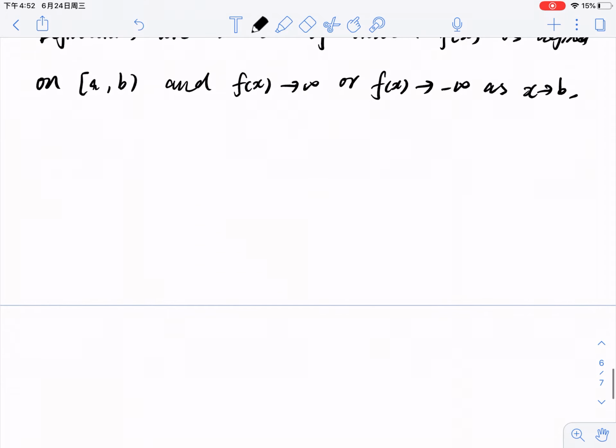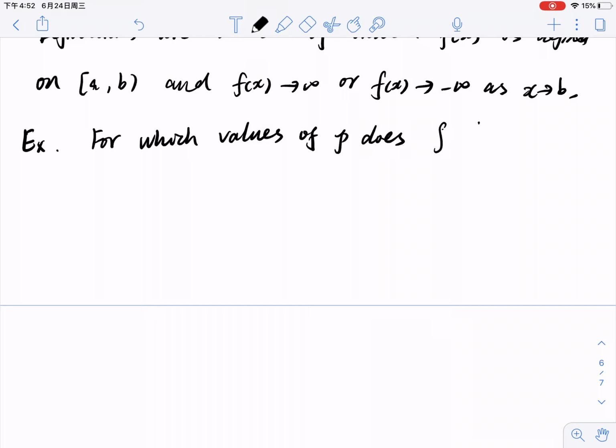So now let's look at another example. Determine for which values of p the integral of 1 over x to the p, x from 0 to 1 dx, converges or diverges.